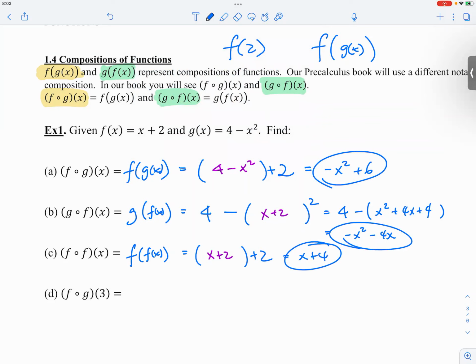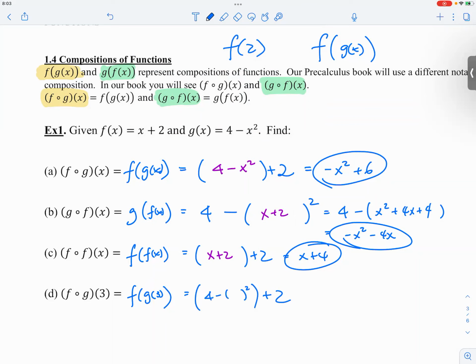So now, what about f of g of 3? Well, f of g of 3. Let's see here. You have f on the outside, right? That goes first. And then you go in and say, all right, what should be inside here?